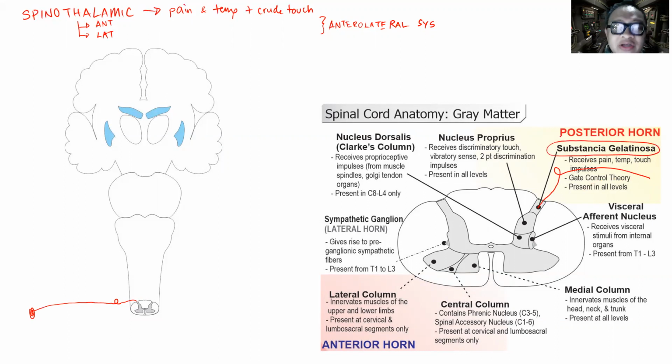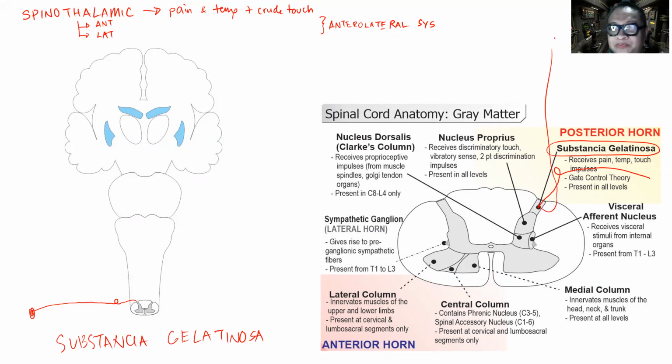When you're talking about the anterolateral system, pain, temperature, crude touch, the thing that you should remember is substantia gelatinosa. And this term will be very familiar in your whole career. Okay, so it synapses with this part of your posterior horn, and then it goes up there.